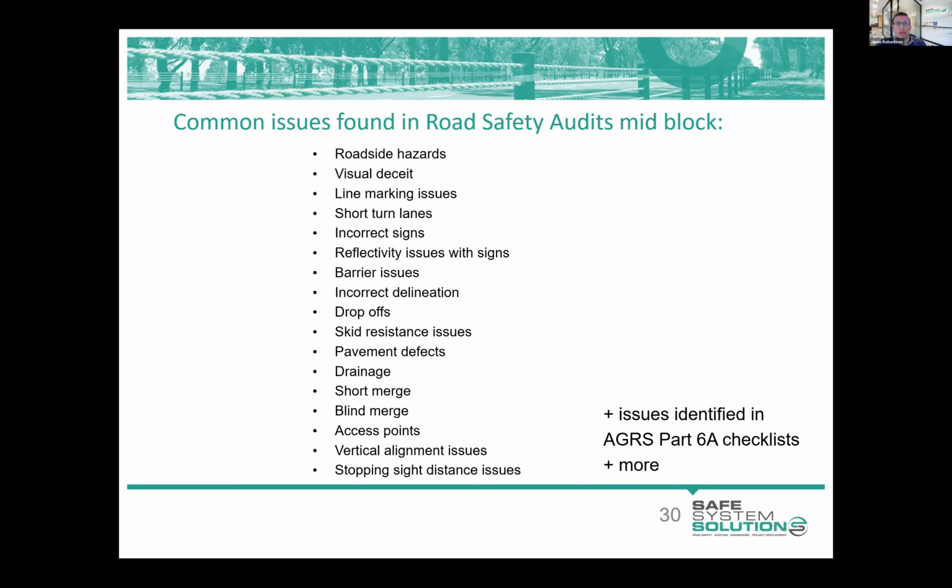It's more about the cross section of the roadside environment, providing space and separation for vulnerable road users if they're present. Sight distance requirements along the road and these types of things. Again, these are all spelt out in the checklists. It's really at mid-block locations, we're thinking about run-off road crashes. We're thinking about head-on crashes and perhaps crashes involving vulnerable road users if they're present, and these type of things.